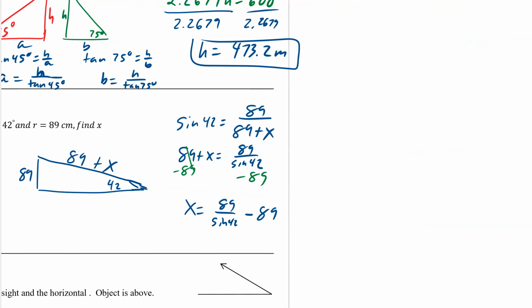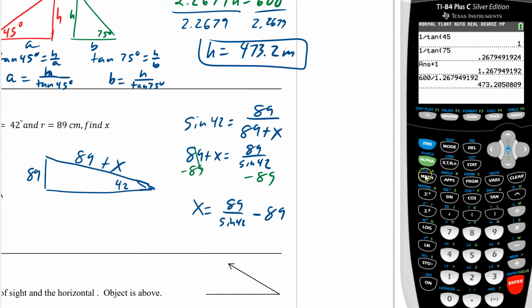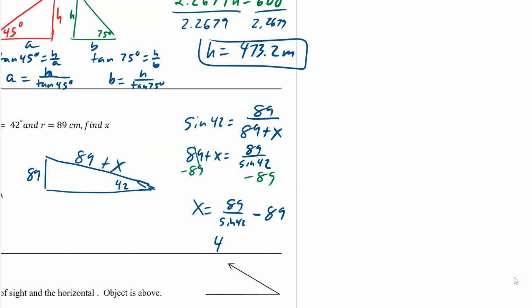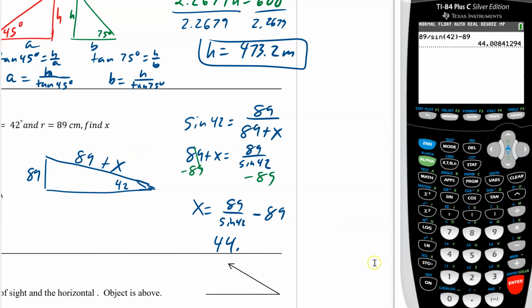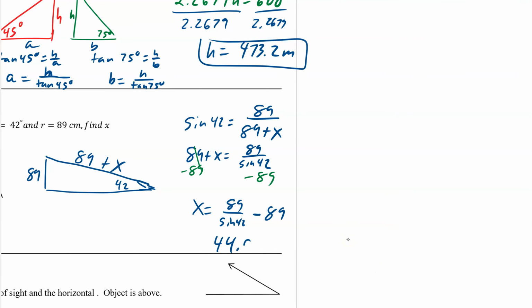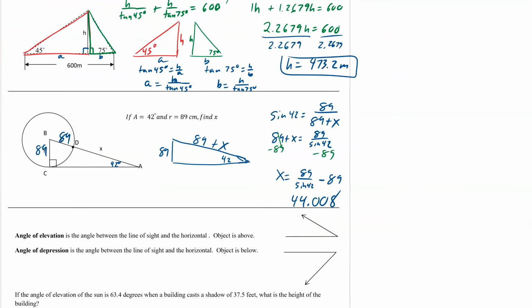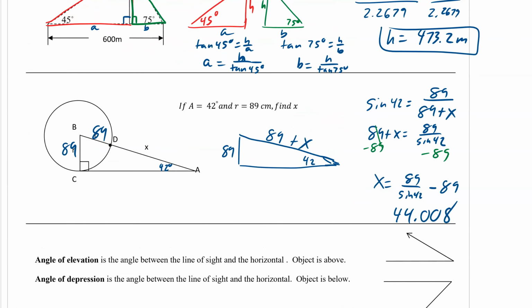And so we will plug that into our calculator. So 89 divided by sine of 42 degrees minus 89, and we get 44.008. And everything here is in centimeters, centimeters.